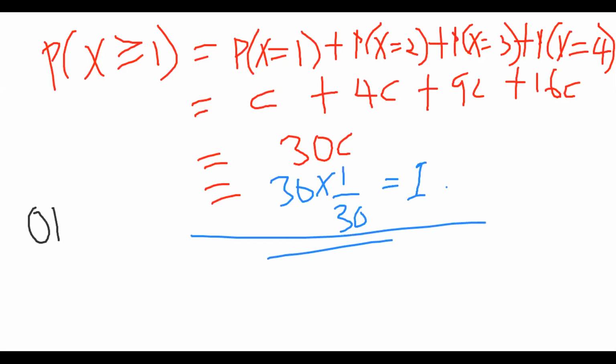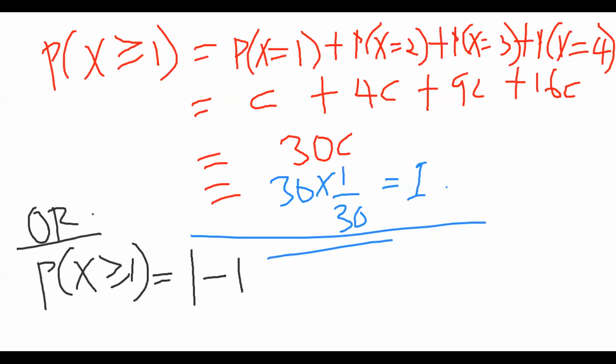Alternatively, you can say, like what we discussed before, that the probability of x greater than or equal to 1 is simply the same as the sum of all the probabilities, which is 1, minus the probability of the values of x which are less than 1. Because in this one, we have greater than or equal to 1, meaning that the 1 is inclusive.